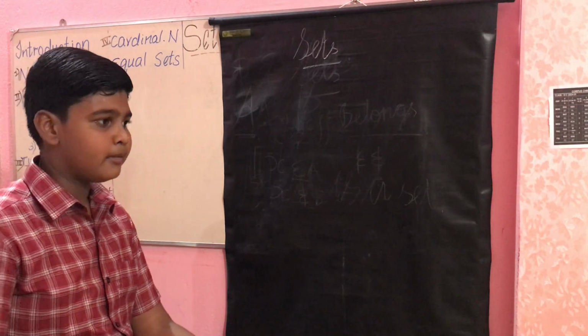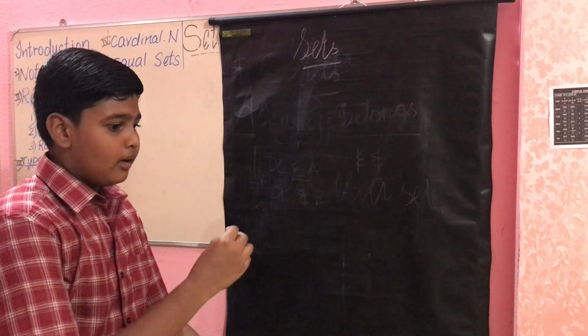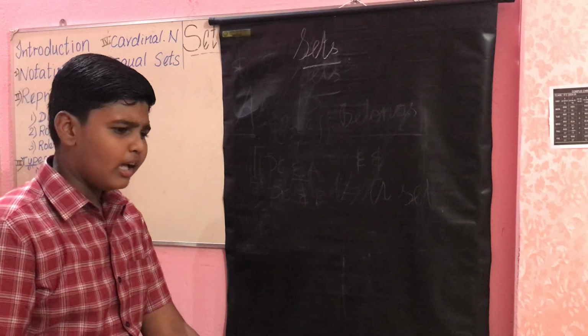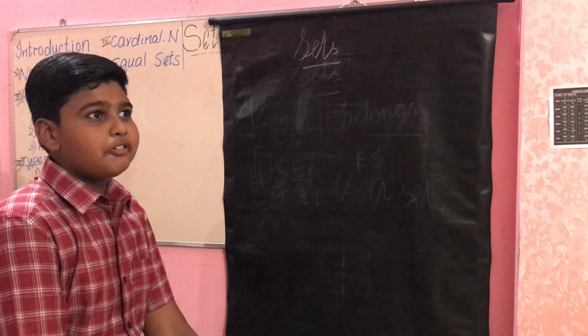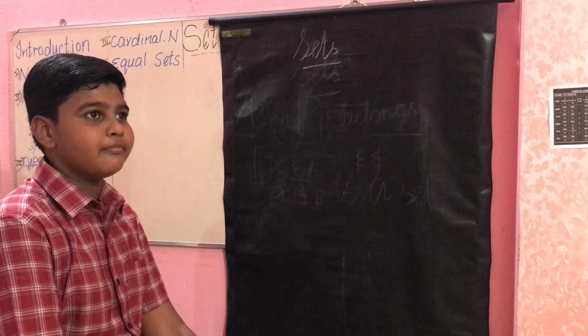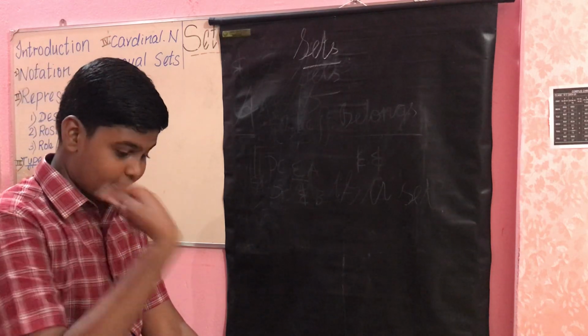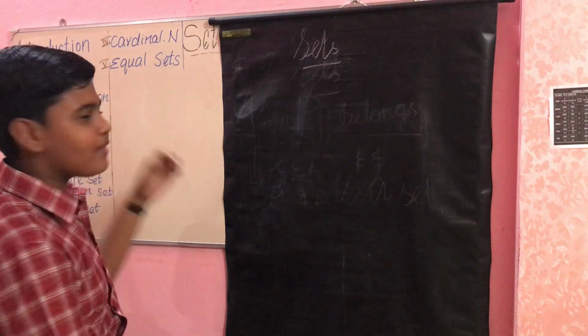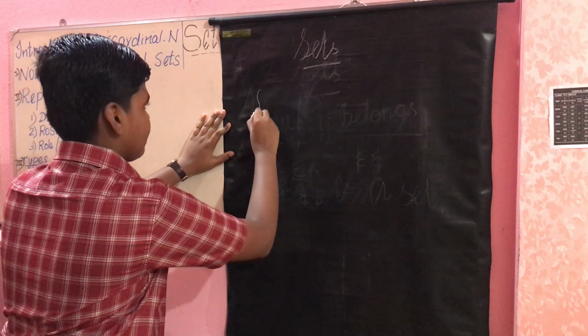But how can we describe? The question is: write the set of all the days of a week. Then you will be thinking I should write all the days. No, you don't need to write all these things in the description method. Just write like this.